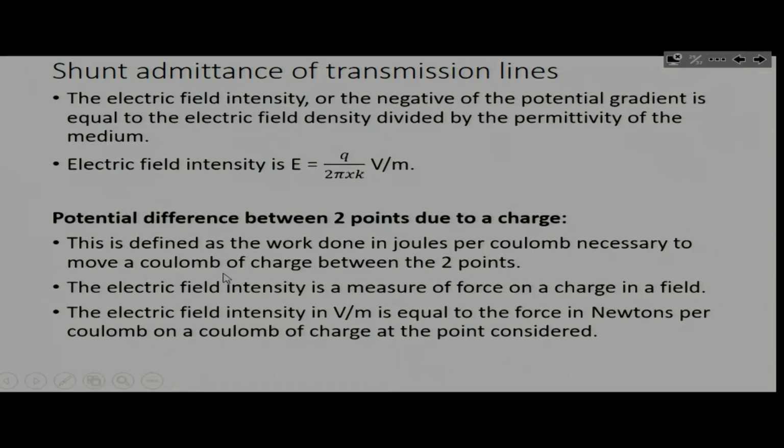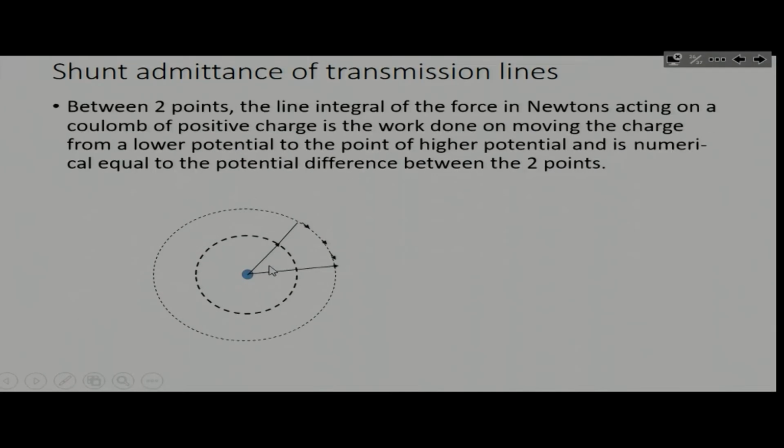The electric field intensity in volts per meter is equal to the force in newtons per coulomb on a coulomb of charge at the point considered. Between 2 points, the line integral of the force in newtons acting on a coulomb of positive charge is the work done on moving the charge from a lower potential to the point of higher potential, and is numerically equal to the potential difference between the 2 points.